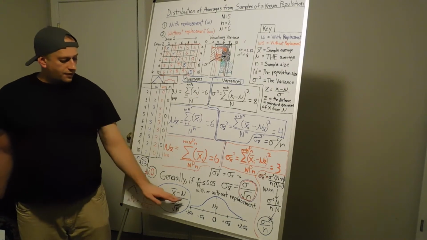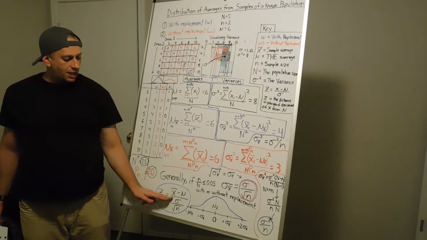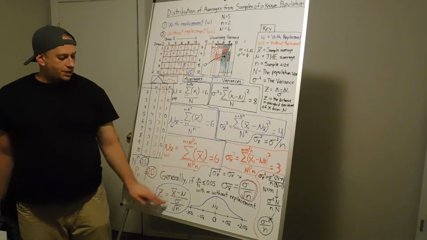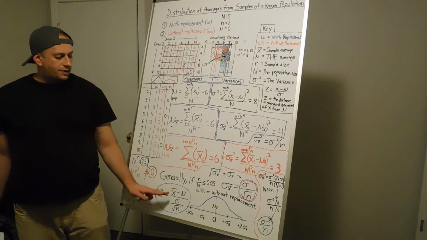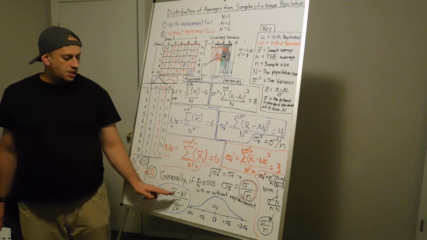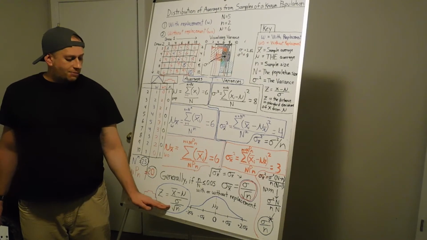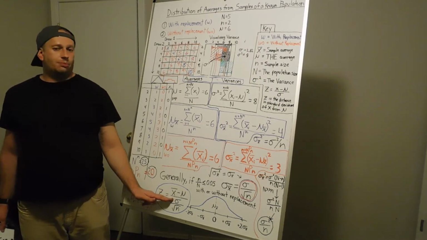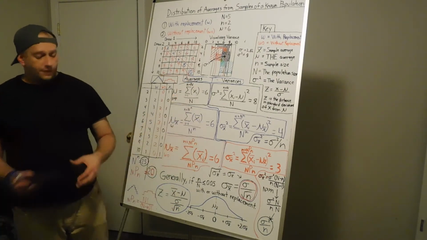Once we derive this part here in the denominator, which is the standard deviation of the population divided by the square root of the number of the sample, that becomes our standard error, and we can divide our average minus the average in the population. This is the average of the sample, average in the population, we subtract those, and then we divide by the standard deviation, which is the standard error, which is the standard deviation of the population, divided by the square root of n. And I'll show how we figure that out.